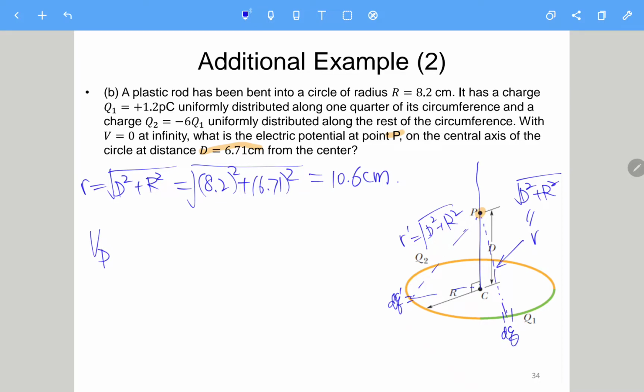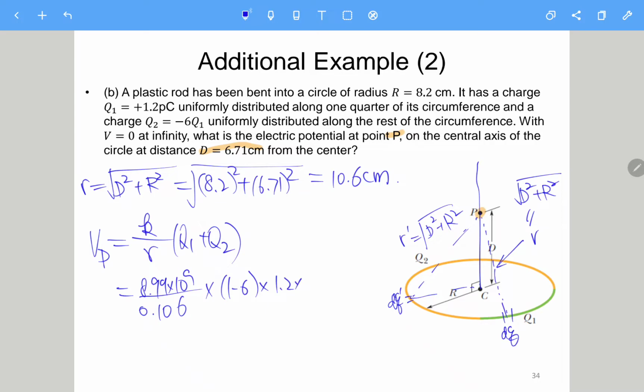Here Vp is still k over r, and then Q1 plus Q2 still the same. The only difference is the distance. So we have 8.99 times 10 to the 9th power over 0.106, and then times 1 minus 6 times 1.2 times 10 to minus 12 power.